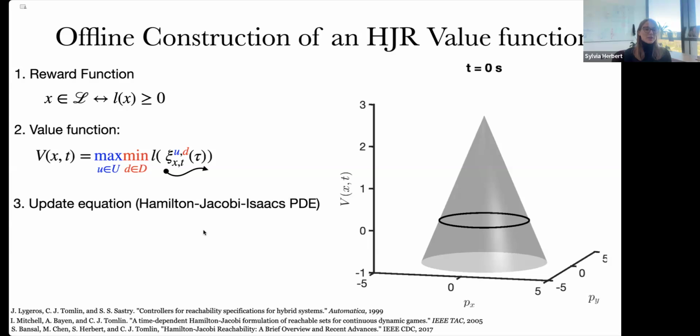And then let's encode an update equation for how we will actually solve for this. Now, this is generally some non-convex problem where you have this max min and these have bounds. It's generally very, very hard to solve this analytically. And so what we do is we discretize the state space and form a grid. And then we perform what is essentially a Bellman backup at each point, if you're familiar with that.